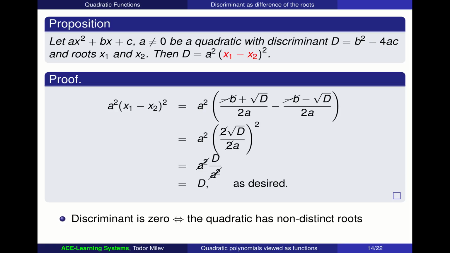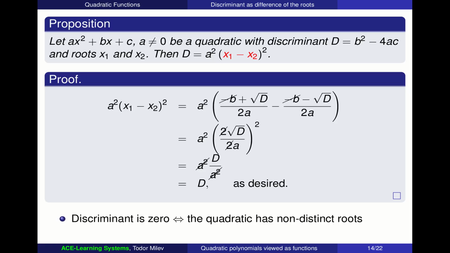This shows that the discriminant of a quadratic equation is 0 if and only if the quadratic has non-distinct roots. So the discriminant is 0 if and only if x1 and x2 coincide.